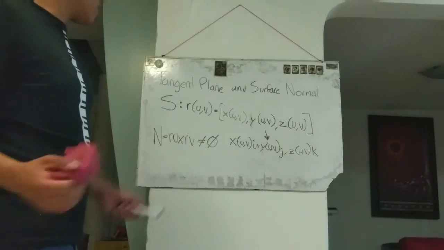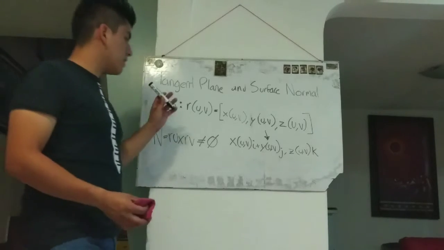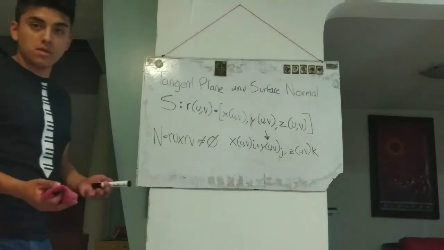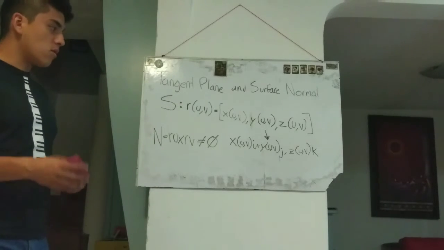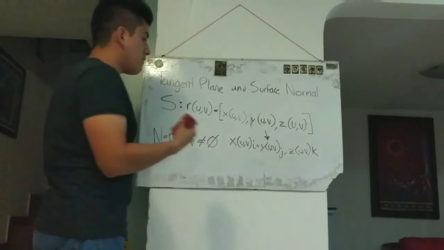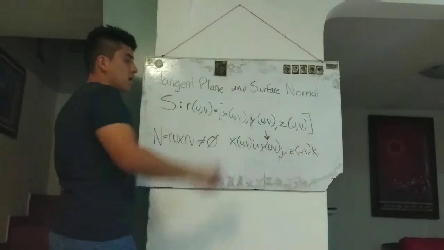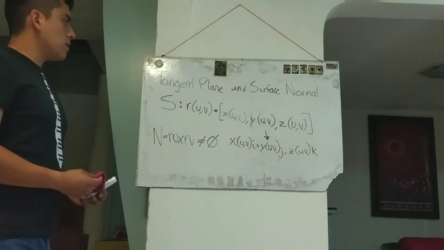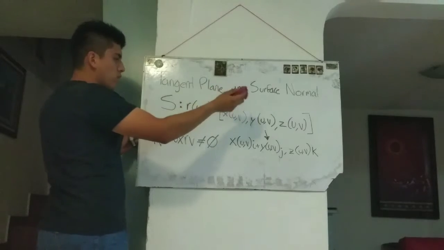And all of this just means that if our conditions are accomplished, then in every point of the surface we have a tangent plane, and that tangent plane will go to any point of the surface.